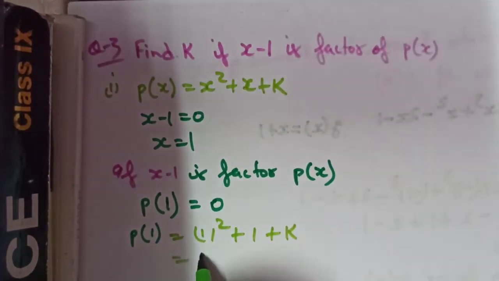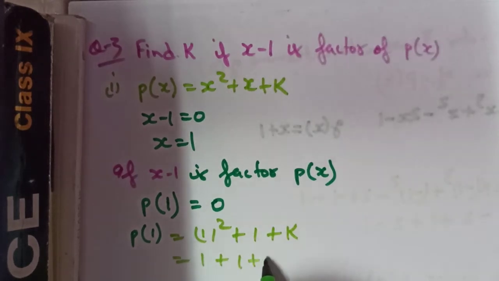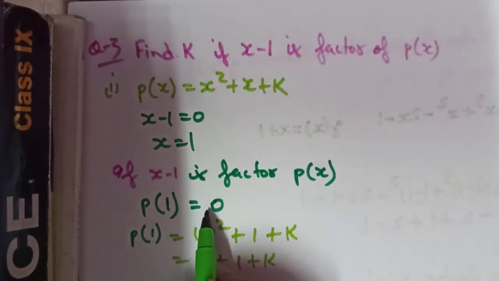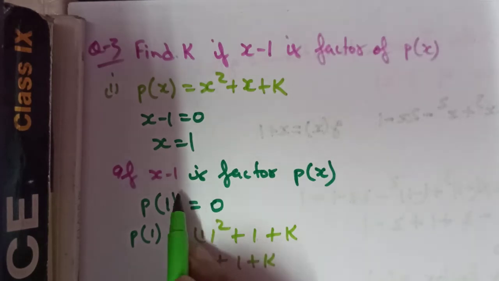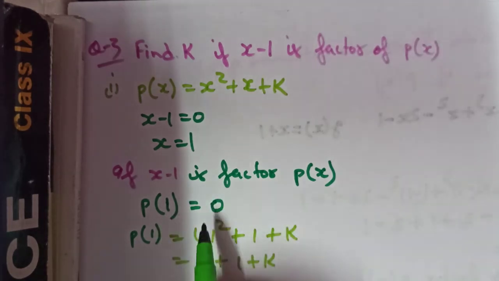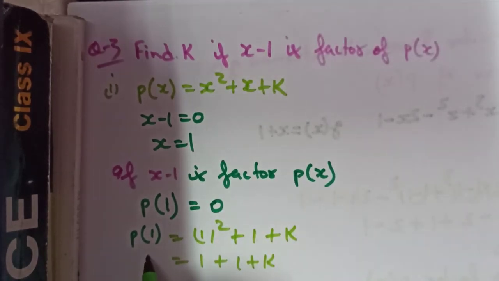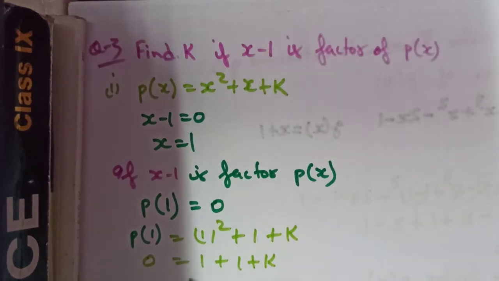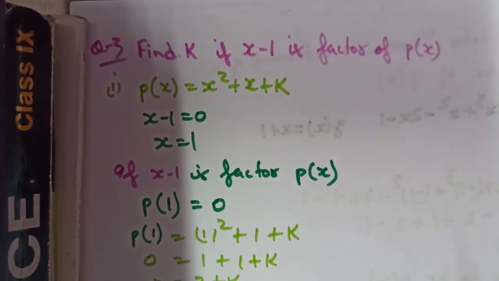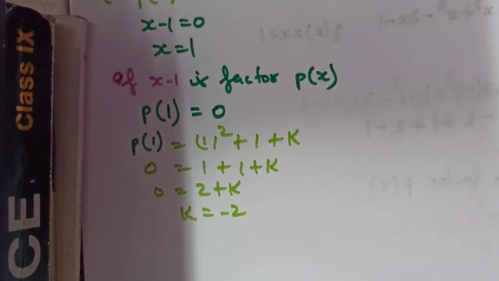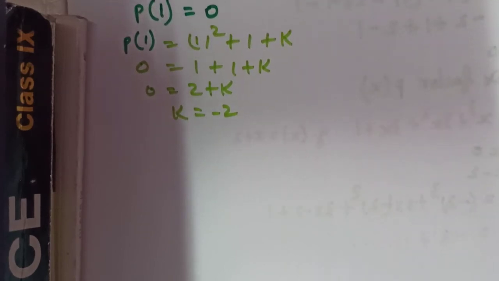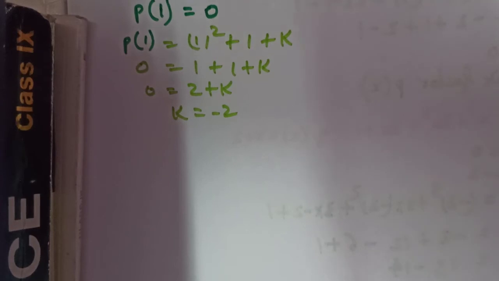So 1 square is 1, plus 1, plus k, and since we have already shown here that x minus 1 is a factor, p(1) is 0. So in place of p(1) I am writing 0. So we can say that 0 will be equal to 2 plus k, or k is equal to minus 2. So like this we will be doing this question.